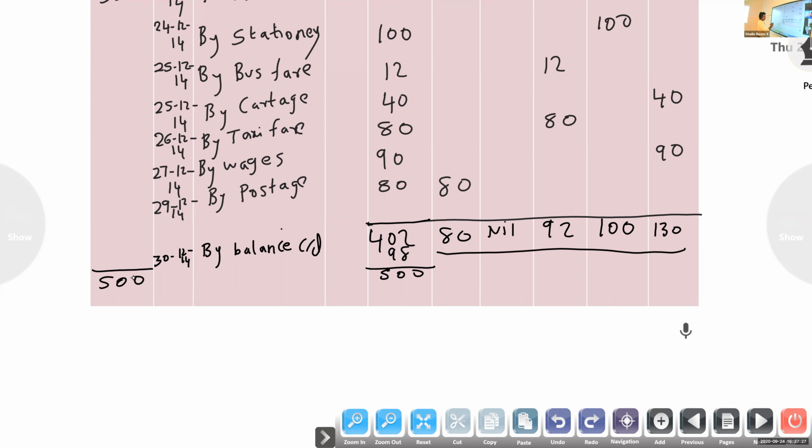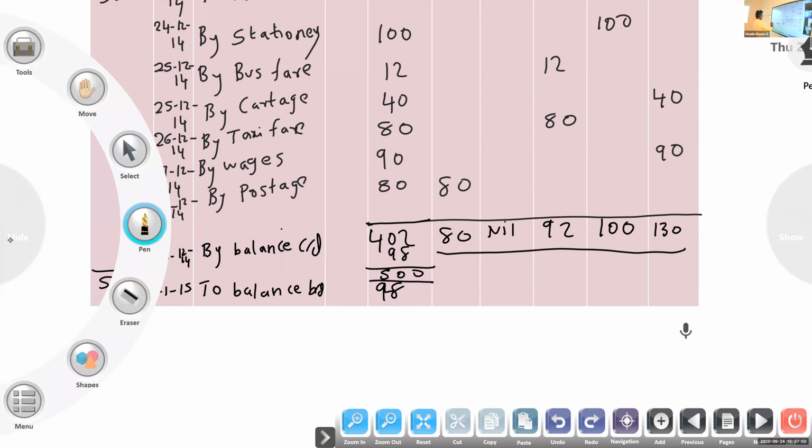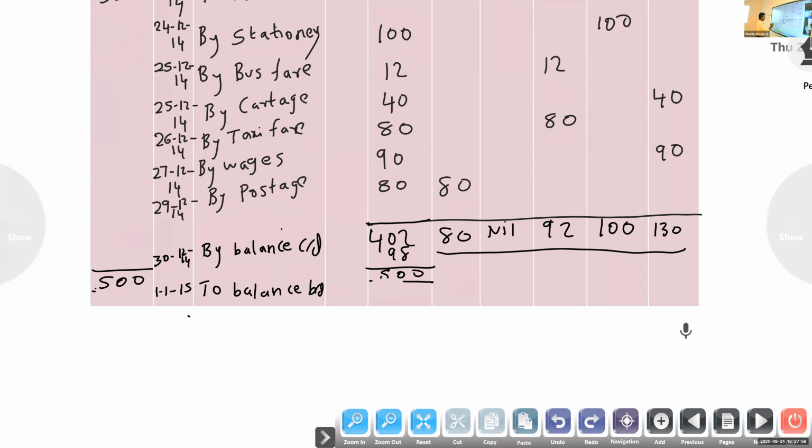Okay. Next what we have to write? 2015, to balance BD. For balance CD, how much? 98. Note here by balance CD 98. Then the opening balance is 98 only.